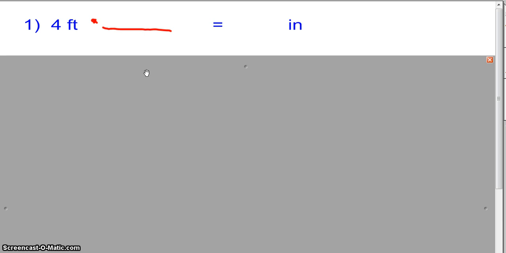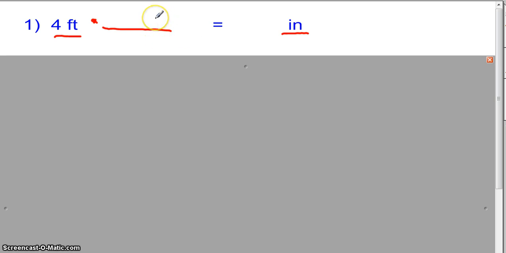So we're trying to get rid of feet, and we're trying to get to inches. So when we multiply 4 feet by this factor, we want to get rid of feet. Where will the word feet, foot, be in this factor if we're going to get rid of it? In the numerator or in the denominator?